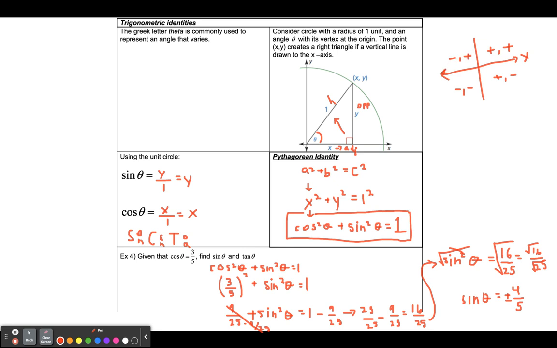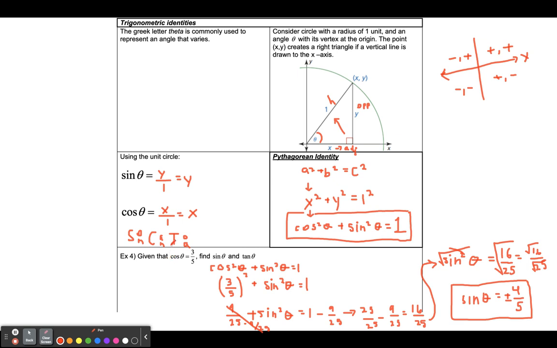So it's important to denote the plus or minus, because depending on what quadrant you're in, that's going to tell you whether your value is positive or negative. All right, so that's sine of theta. Now we're going to go ahead and solve for tangent.